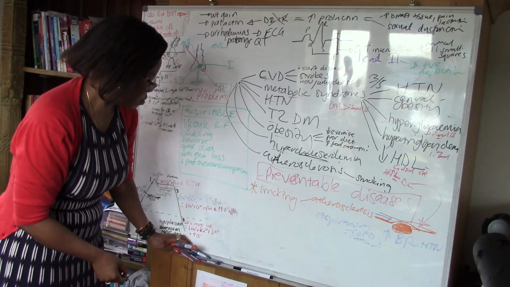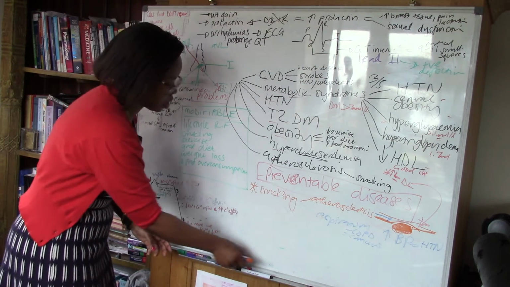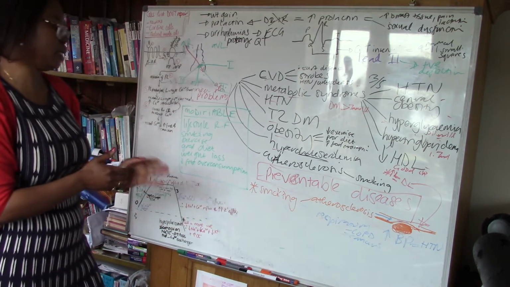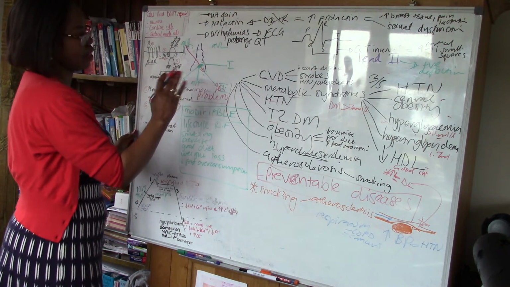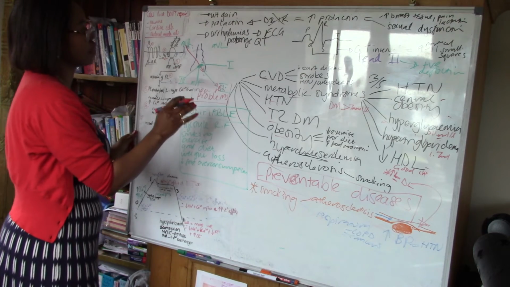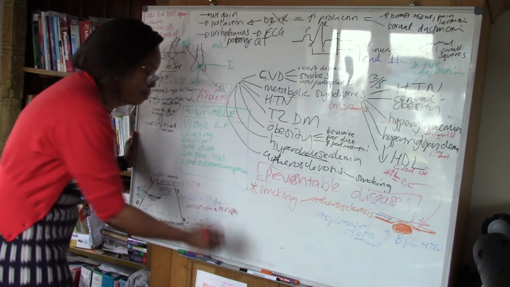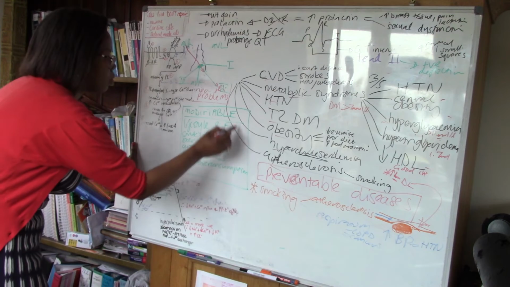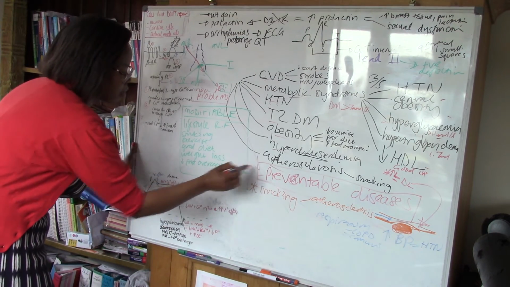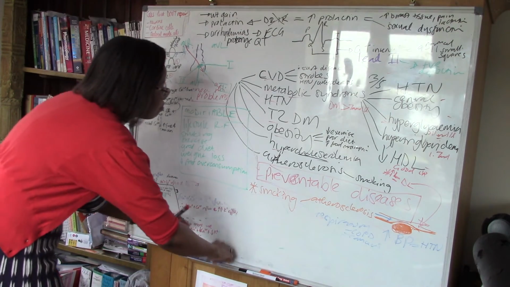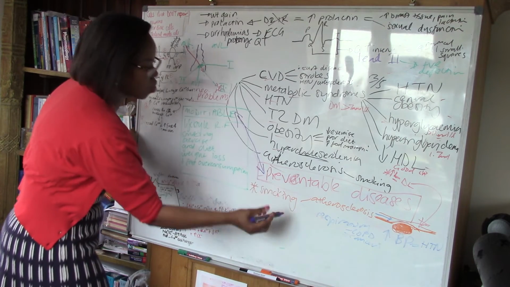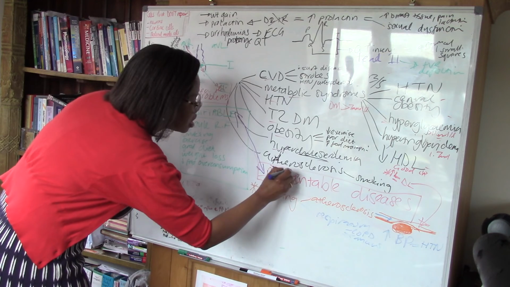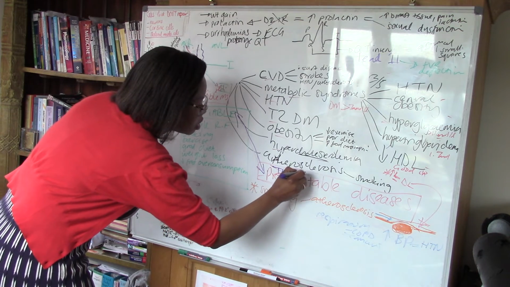What else do I need to say about schizophrenia? I think the take-home message really is that people with schizophrenia die earlier than people without. And the main thing is that what they die from is modifiable, preventable or treatable.